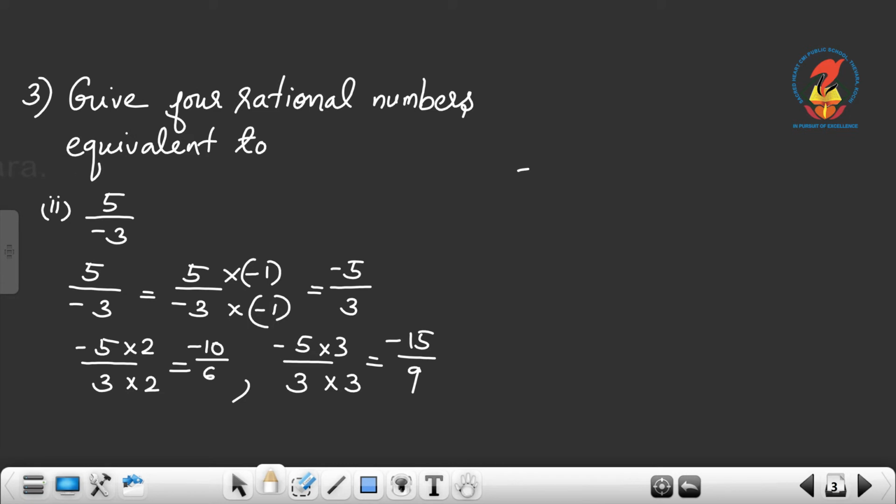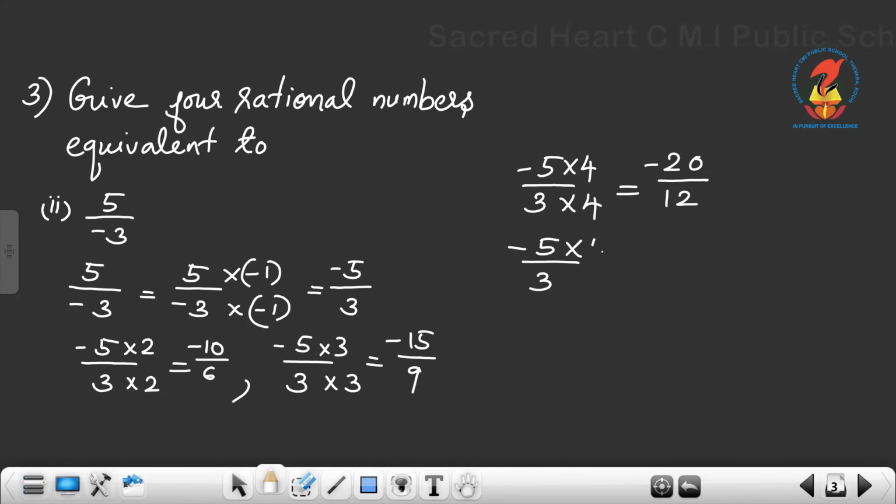Then if you multiply negative 5 by 3 with 4, you can multiply with any non-zero integer. Negative 20 by 12. Then negative 5 by 3, if you multiply with 5, you will get negative 25 by 15. So which are the 4 equivalent rational numbers?